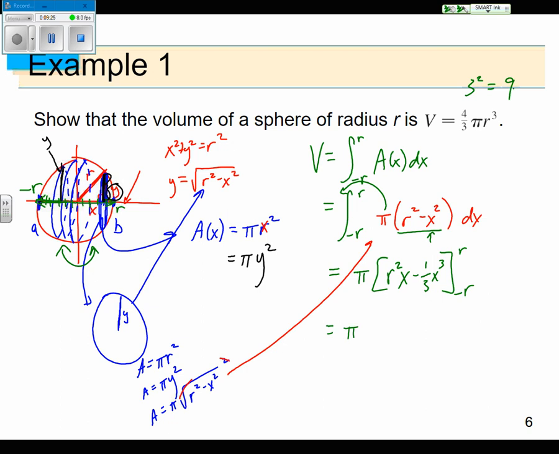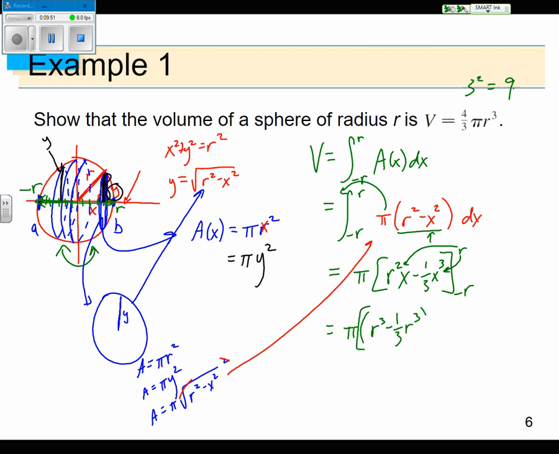Got the pi right there. I'm ready to plug this in. Okay, so I'm going to plug in r first. Well, that's going to give me r cubed. R cubed. And then if I plug in r right here, that's going to give me negative 1/3 r cubed.